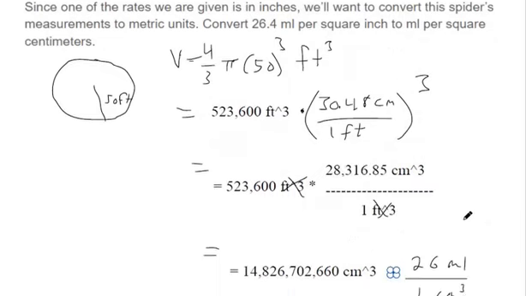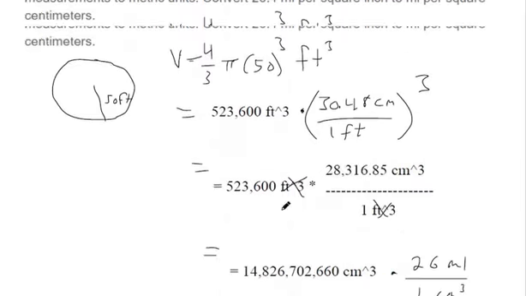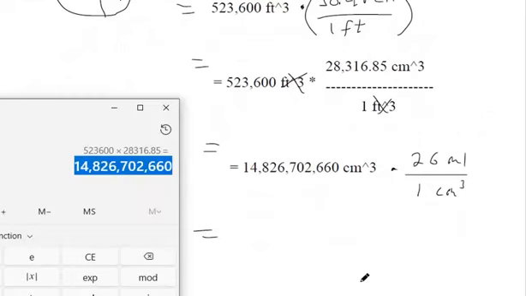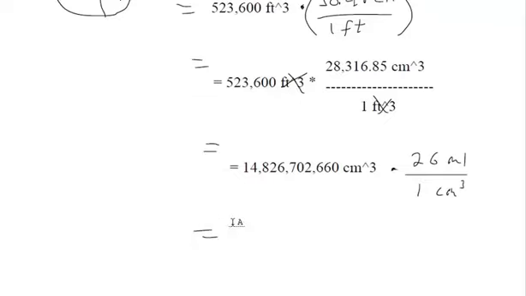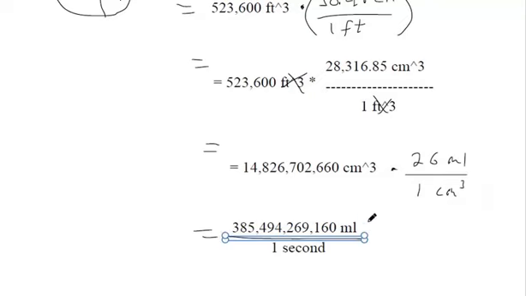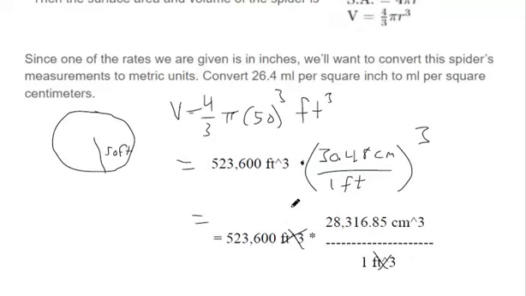That's how many milliliters of oxygen it needs per second. So if we multiply those, it's a huge amount of milliliters. So we need this many milliliters for 1 second. Right, so we make the centimeters cancel out, leaves us with just milliliters per second like we wanted. So that's how much oxygen it needs per second.